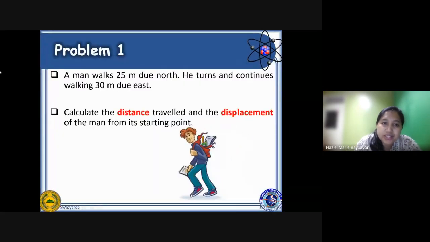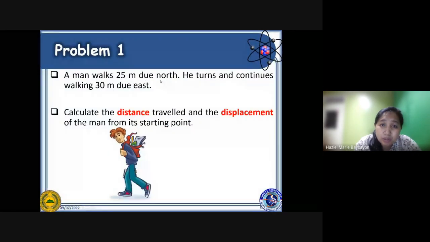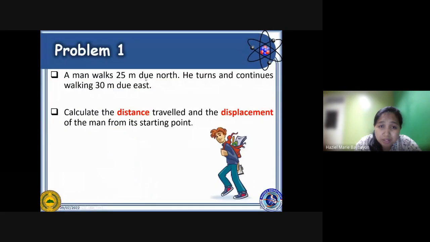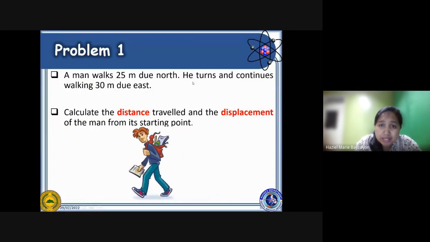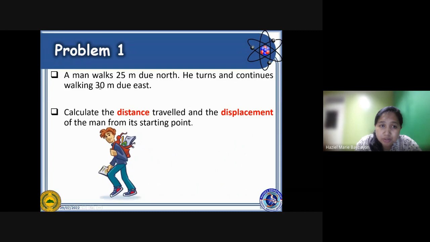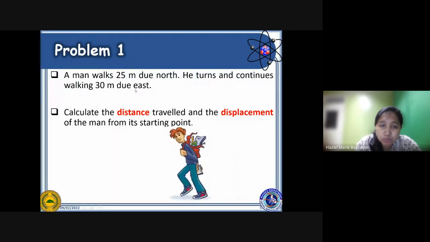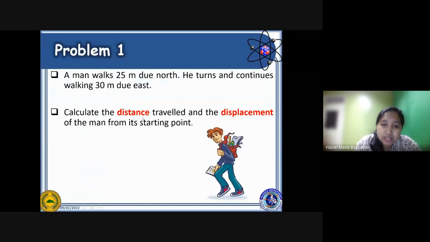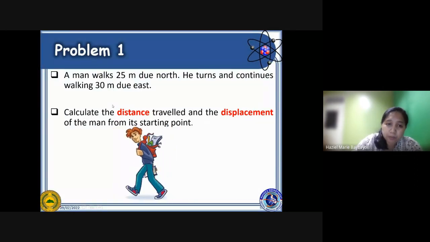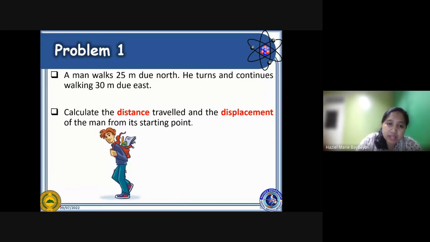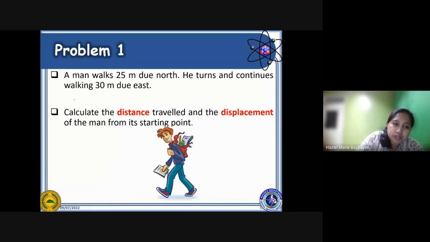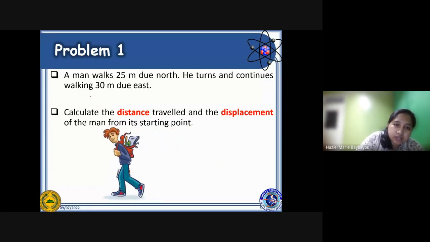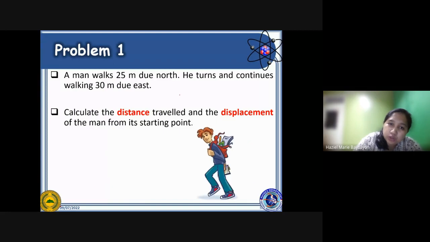So first, the motion along the Y. So 25 meters due north. And then he turns and continues walking 30 meters due east. Okay. And then we are asked to calculate the distance traveled and the displacement of the man from its starting point. Okay, so let us start with drawing this.